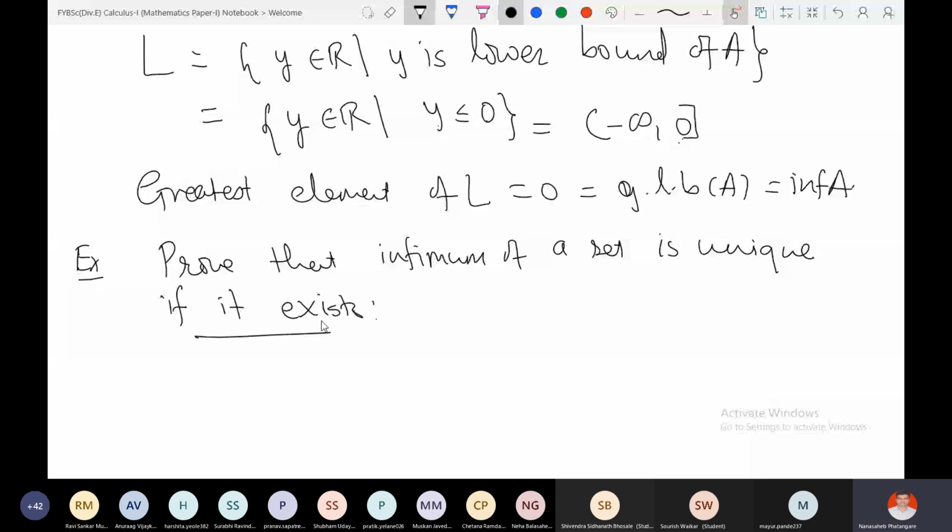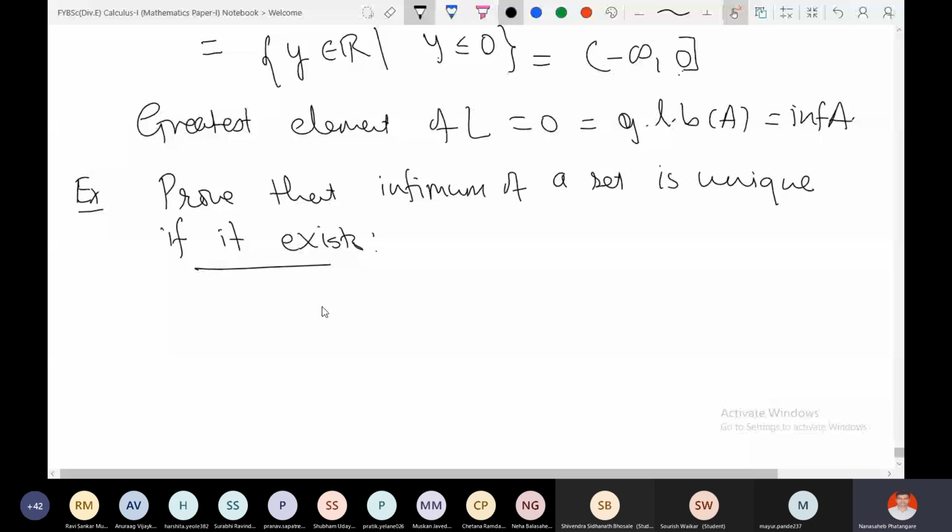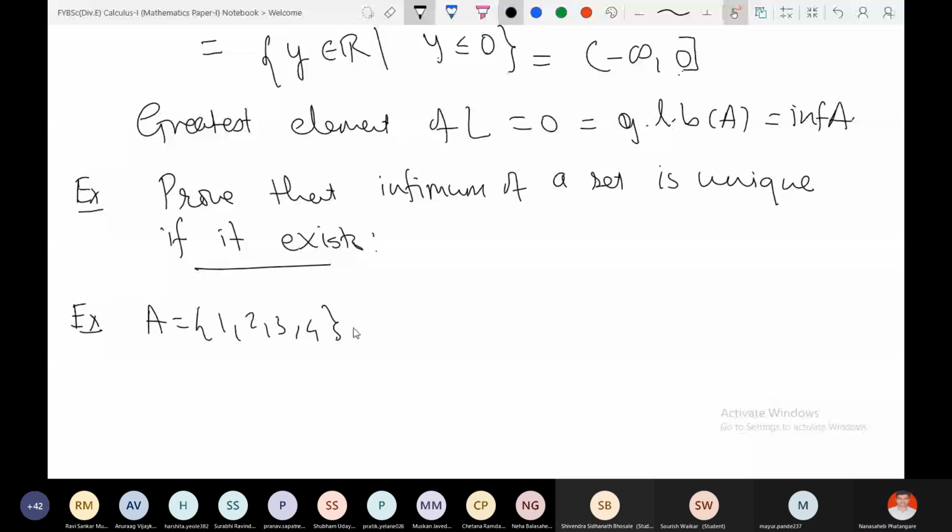One more thing. If you look at this set 1, 2, 3, 4, then what is the minimum element? The least element of A is 1, right? Is it correct? Yes, sir. The minimum element of this set is 1, and what is the infimum of this set? 1.